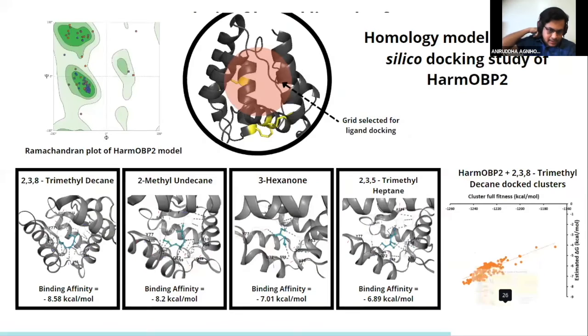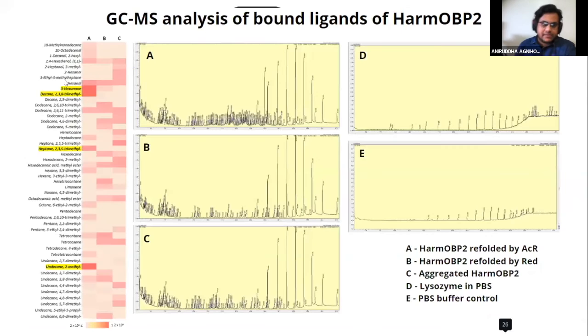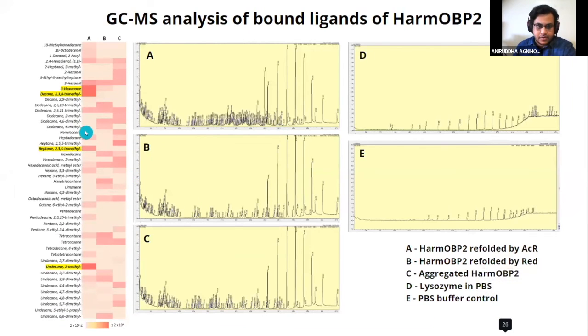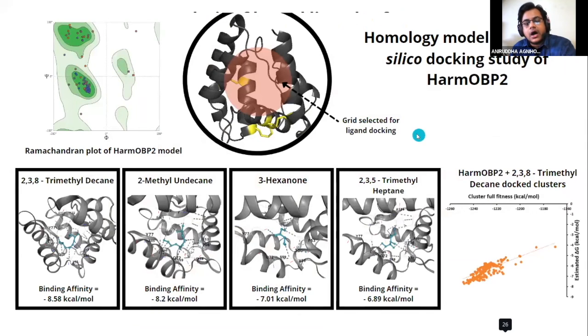Then, based on the heat map that we generated from the peak area data, we found that there are the top 4 ligands showing the highest binding with our protein, and these 4 ligands were then used to do a computational study of binding with the protein.